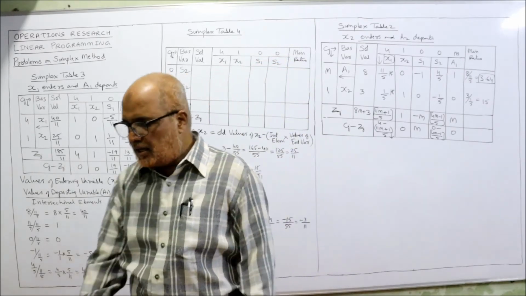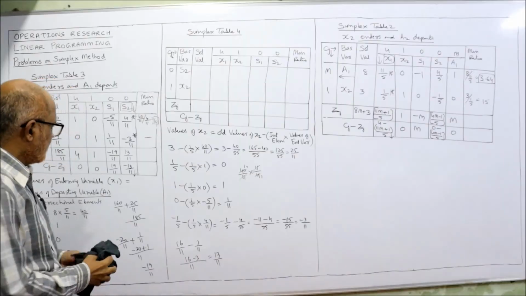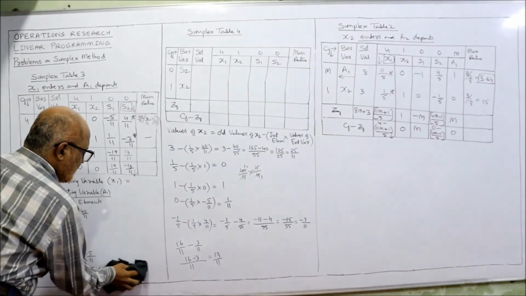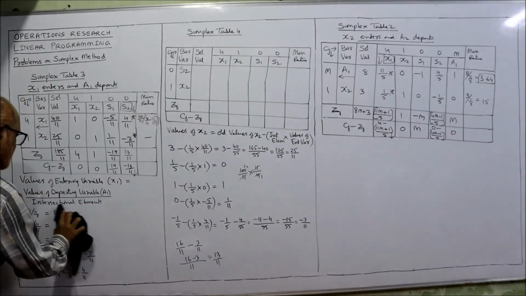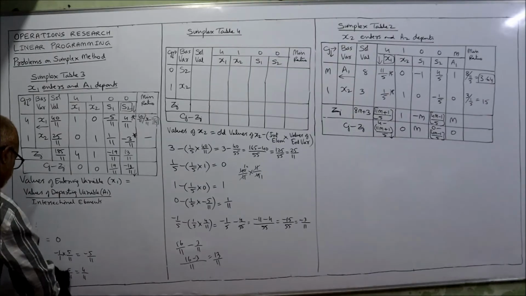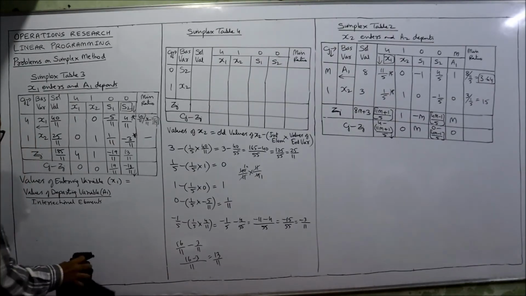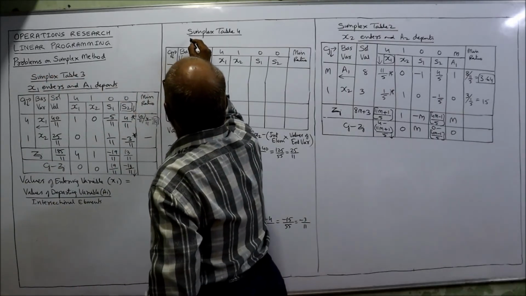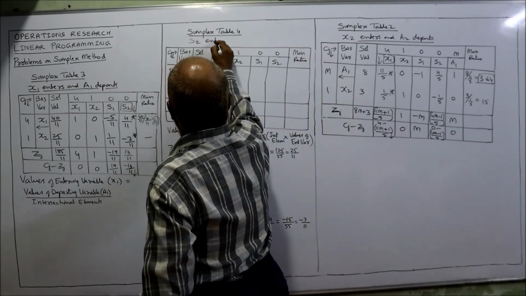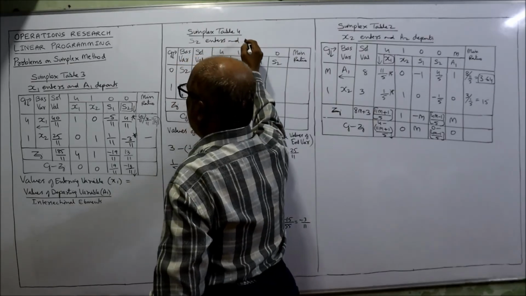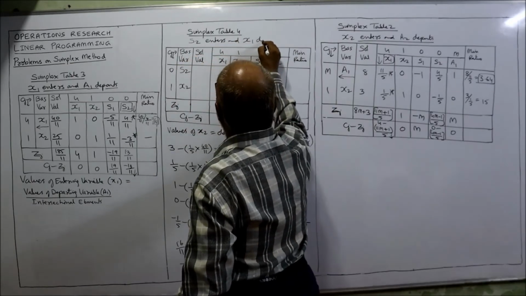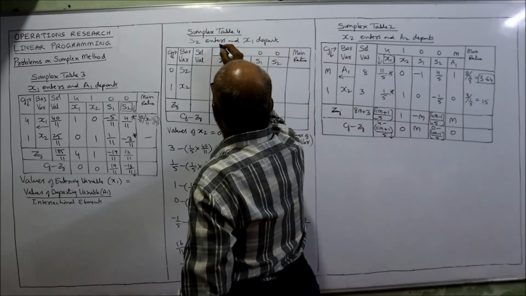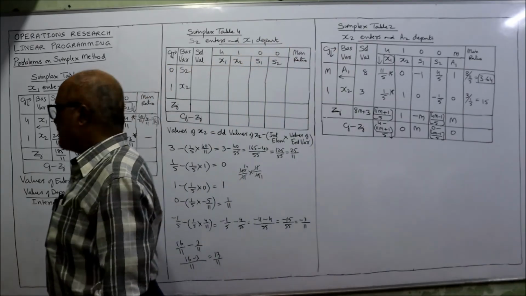Now, again we have to calculate the values of the entering variable. We have to find out the value of the entering variable. Now, carefully you see, which one is entering now? S2. So S2 enters and X1 departs in this fourth table.